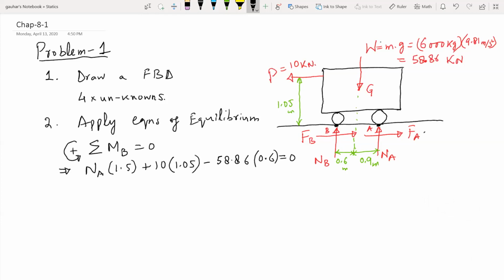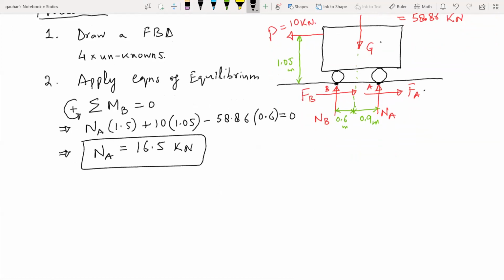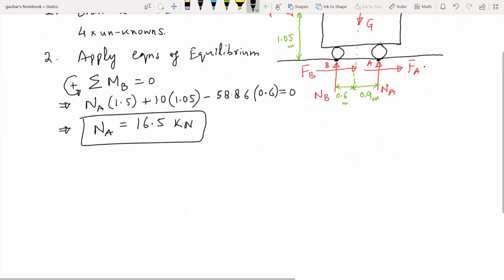And NB is also passing through point B, so that is also not creating any moment. Now from this equation we can simplify and find the value of NA, which is 16.5 kilonewtons. So we are done with one unknown.